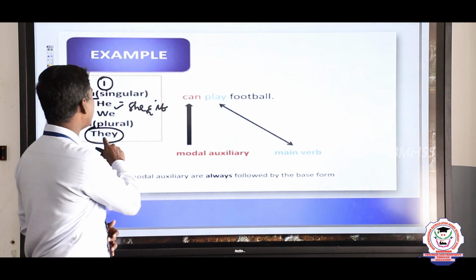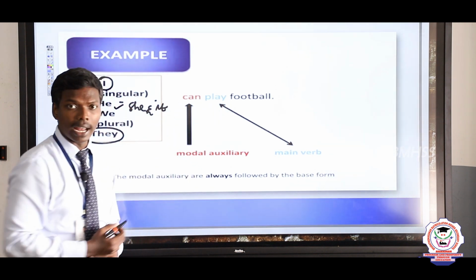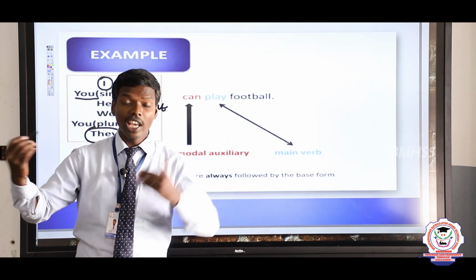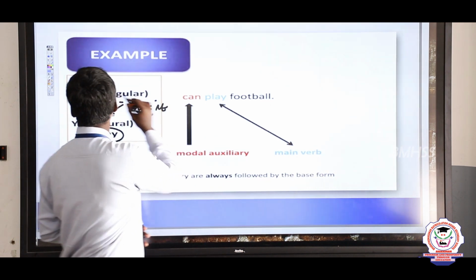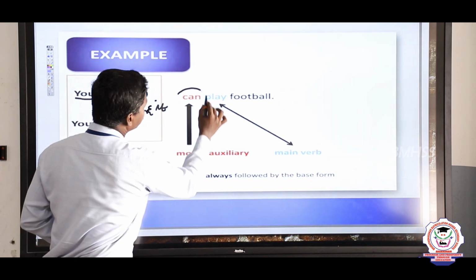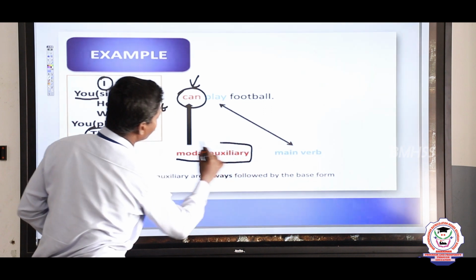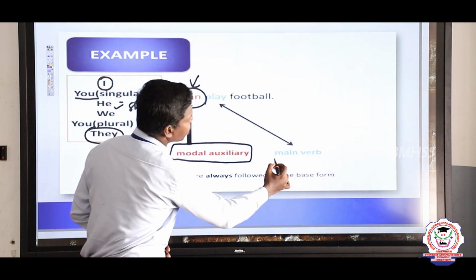So the plural form of the third person is they. For example, I can play football, you can play football, we can play football, they can play football, she can play football, it can play football. There the word can is a modal auxiliary verb. That is what we have seen. The modal auxiliary of the sentence is can, and play functions as a main verb.